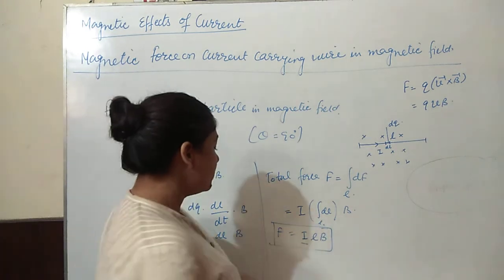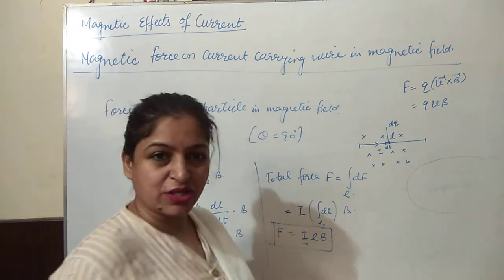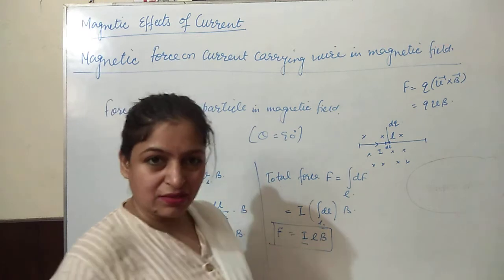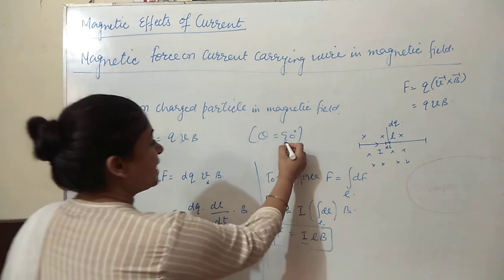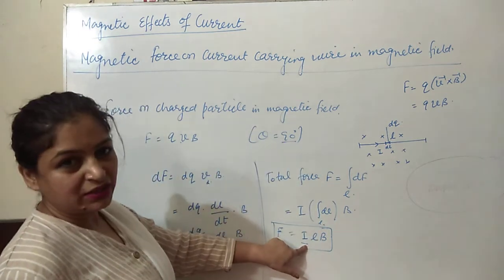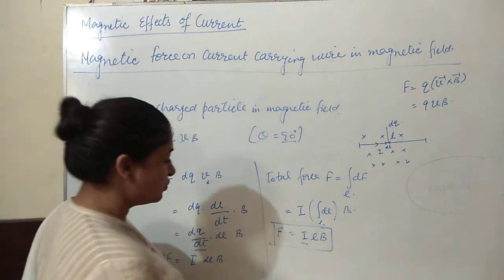Now, how can we find the direction of the force? First let us see the angles here. We started with angle 90 degree, and sin 90 is 1.